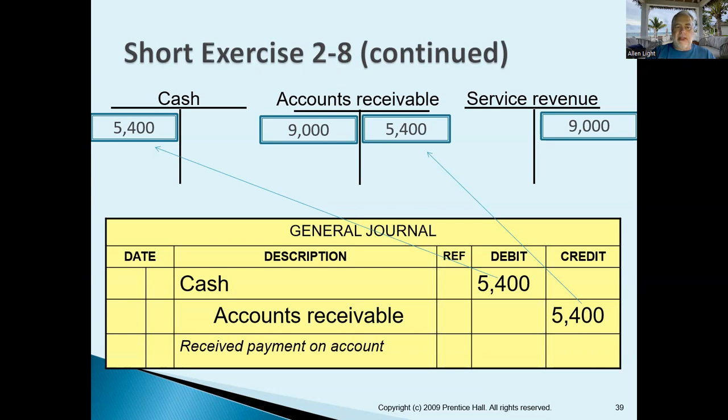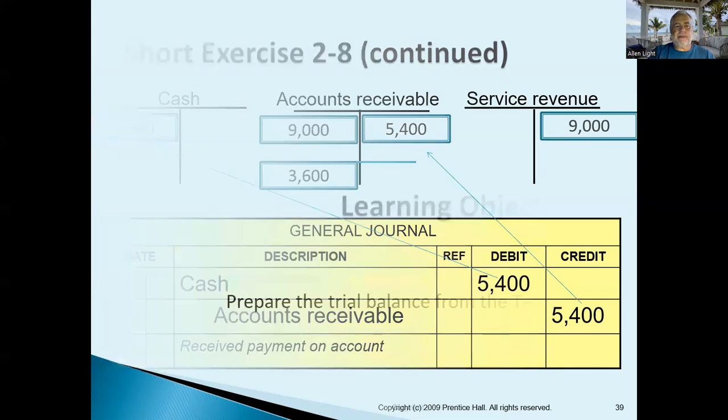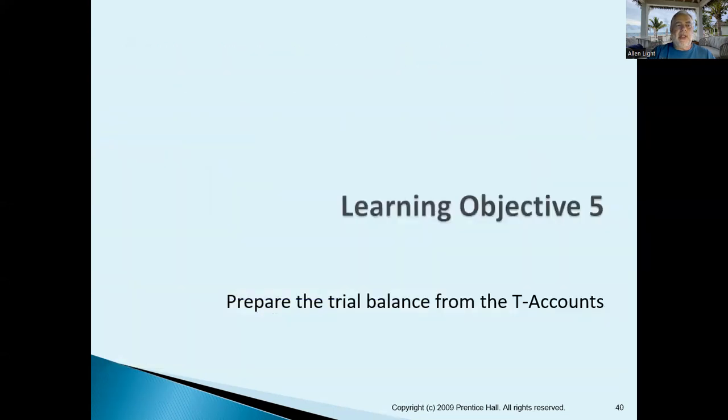Remember, normal balances on assets are going to be on the debit side. It's always on the plus side, the increase side of the T account. And there it is. So now we can go in and prepare the trial balance. Before we do that, though, I'm going to stop here for a second, and we'll pick this up again in part 2.